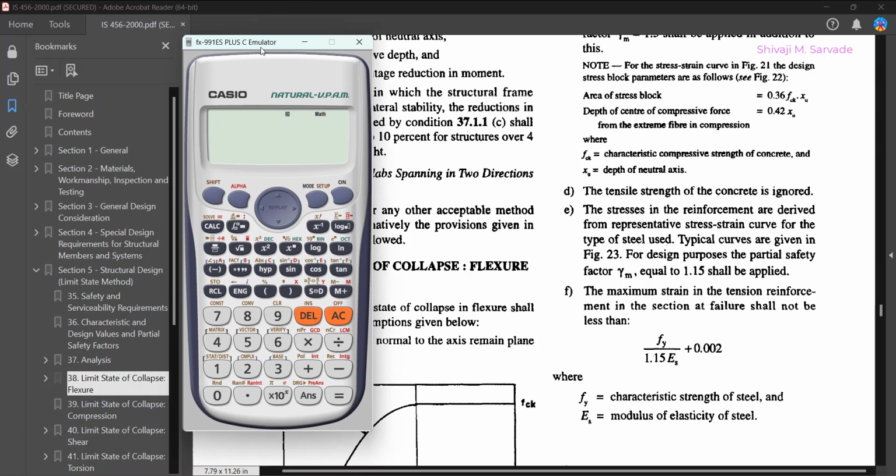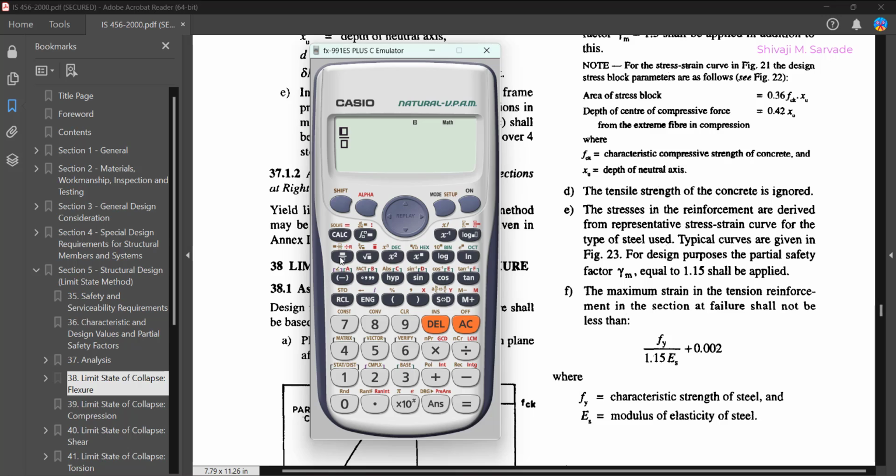So if we just use a calculator and divide 1 by 1.15, we get a value of 0.87. If I just press this, 0.869, so we can safely treat this as 0.87. So this factor I have calculated, 1 by 1.15, so it would be 0.87 fy divided by Es plus 0.002.